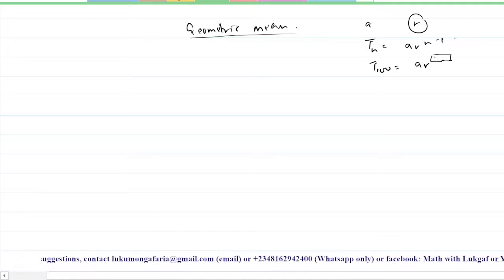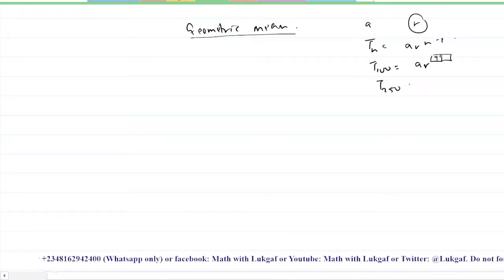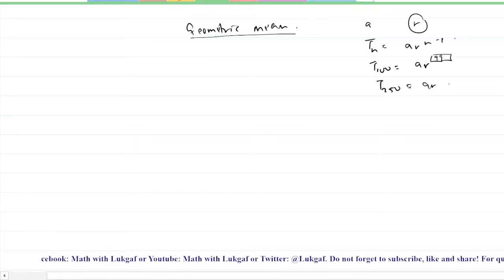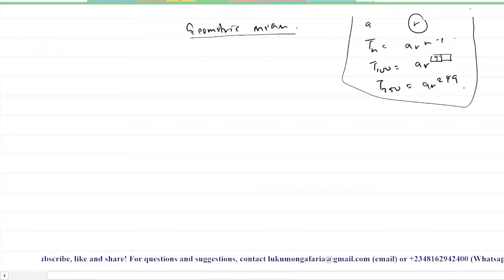That will give you 99. If you want to find the 250th term, just write your AR first and subtract 1 from 250. That is 249. That will be your index. So if that is clear, today I'll be explaining geometric mean.